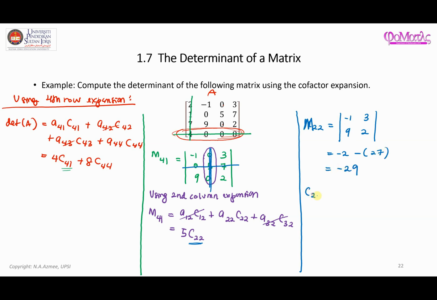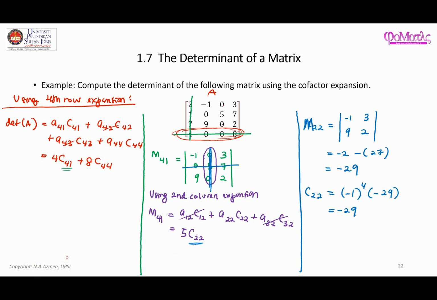Now we can go find the value of C22. This is just negative 1 to the power 2 plus 2, which is 4. Negative 29 that you got over here, just plug in right next to this item. So positive, the result is negative 29. And therefore, I'm just going to plug in the result here to this part, okay?